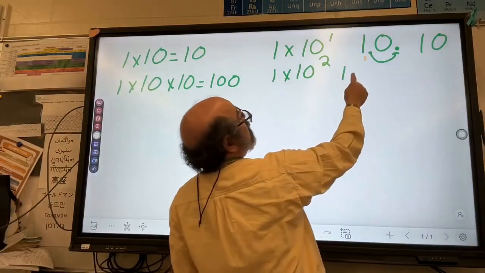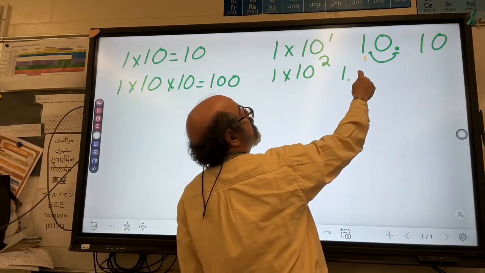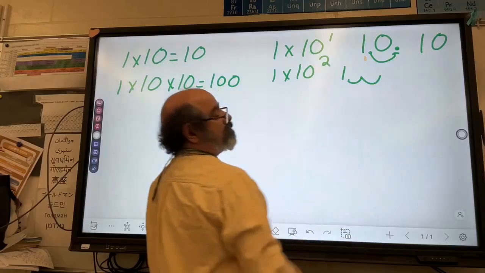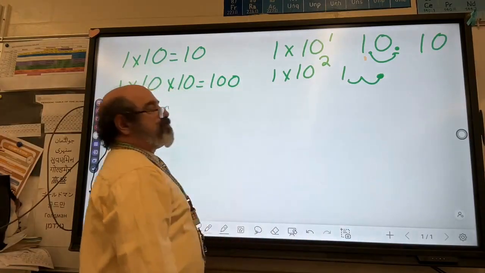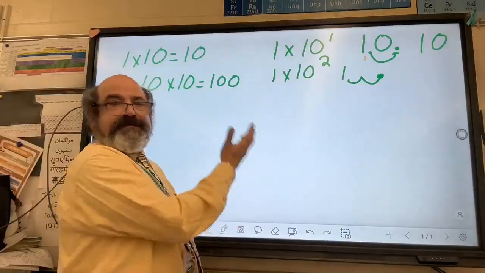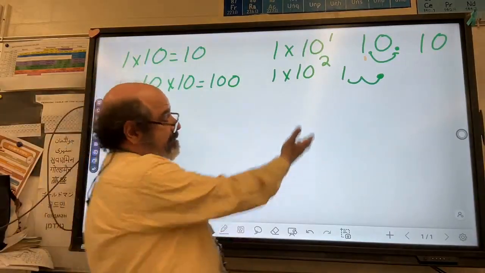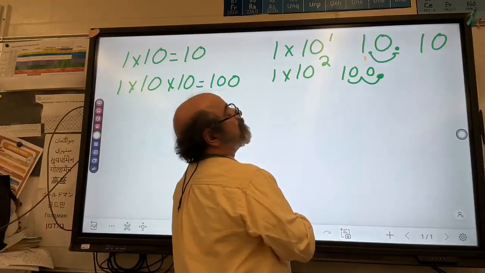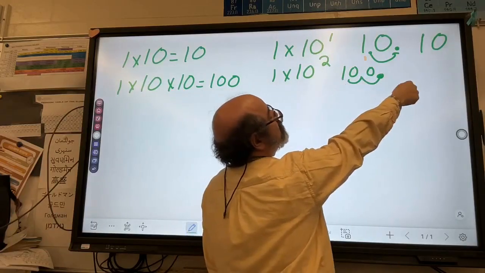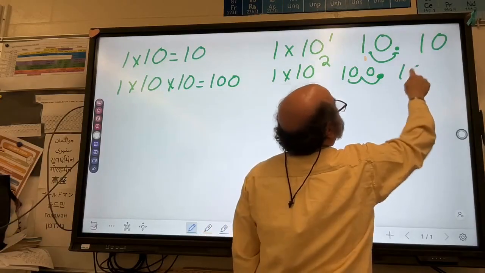So here I'll show you again, 1, and we move it 1, 2 places. So now the decimal point is there. We fill in those blanks here with zeros. So that's 1 with 2 zeros after, which is 100.